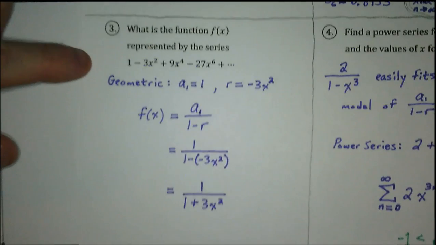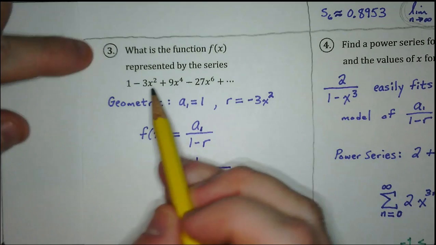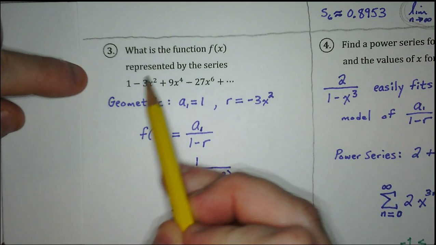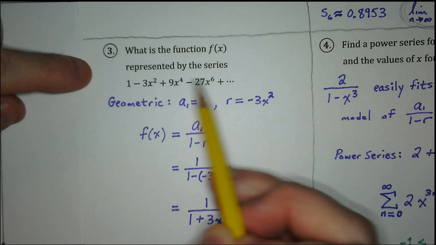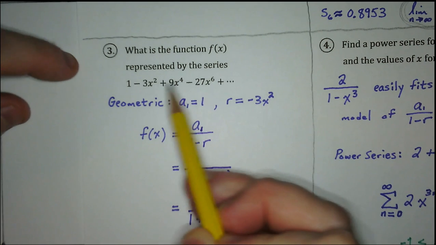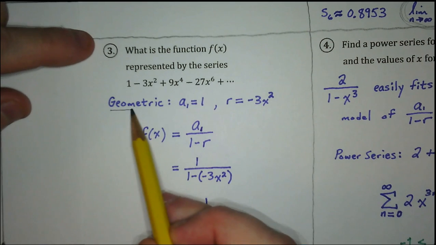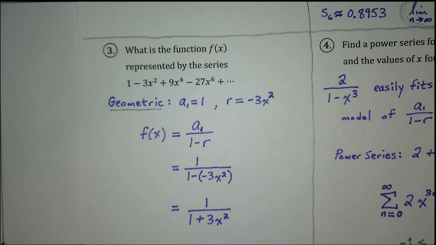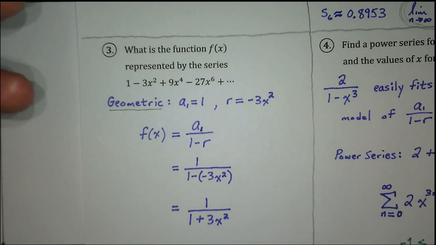Number three. Here's the deal with number three. You look at this series, and I hope you realize that it's geometric in nature. Starting in section 4 and section 5, we're going to learn a whole bunch of ways to figure out whether a series converges or not.